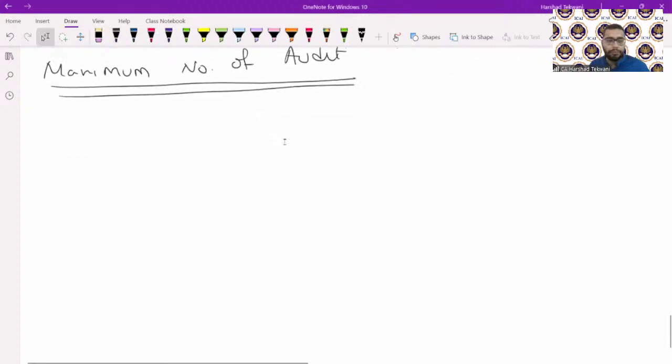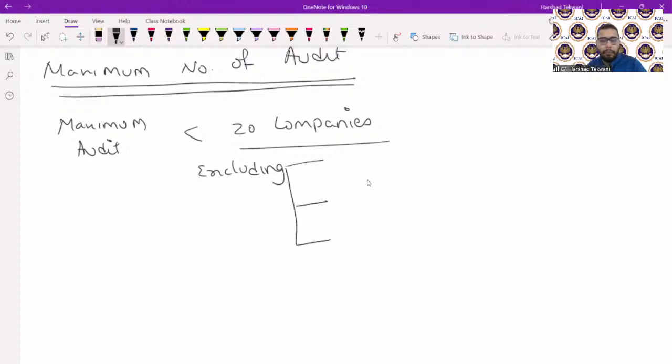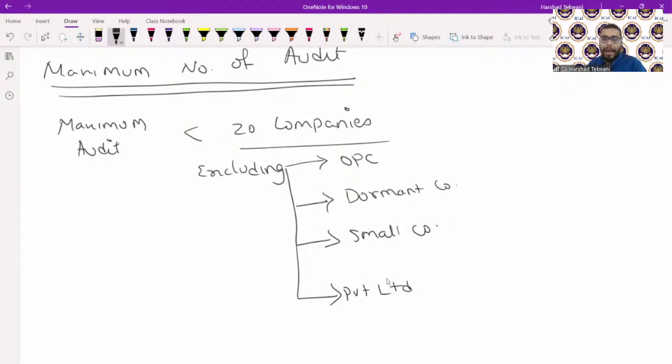Maximum audit: less than 20 companies, but excluding OPCs, dormant companies, small companies, and private companies having paid up share capital of less than 100 crore.